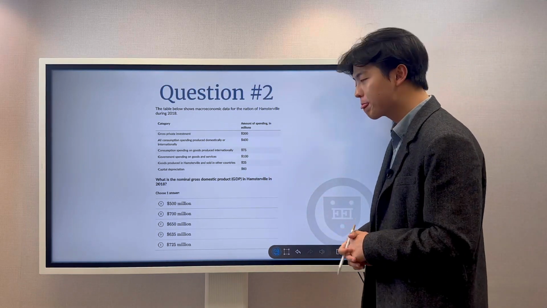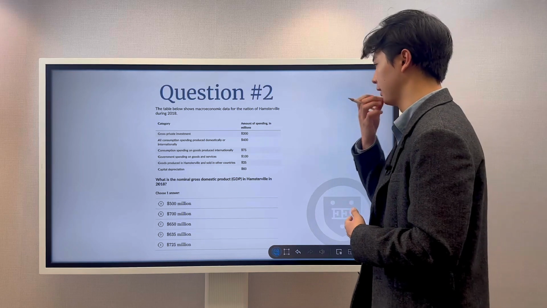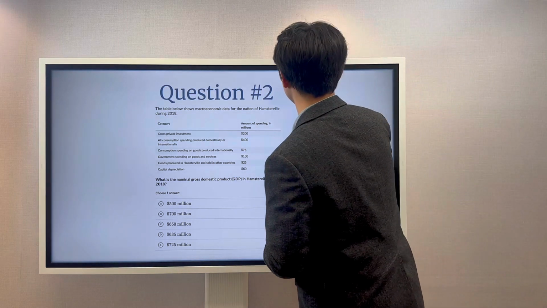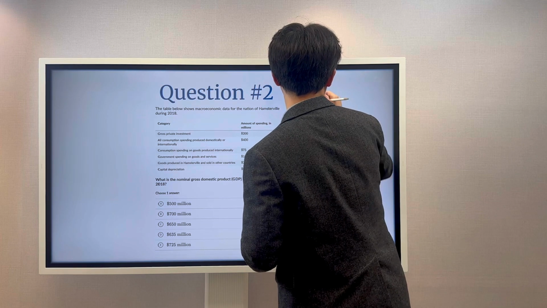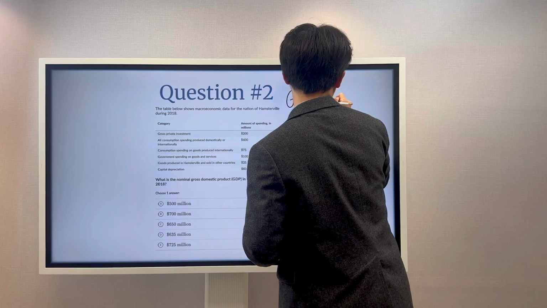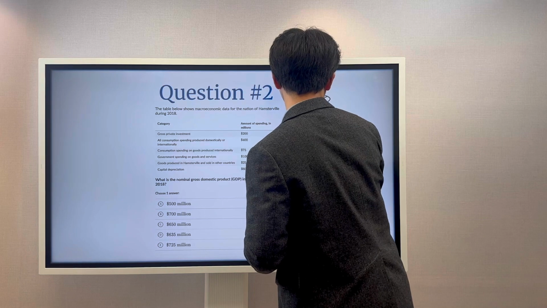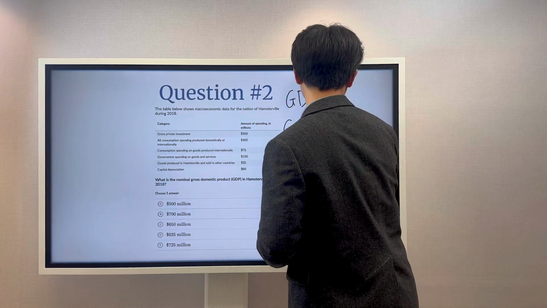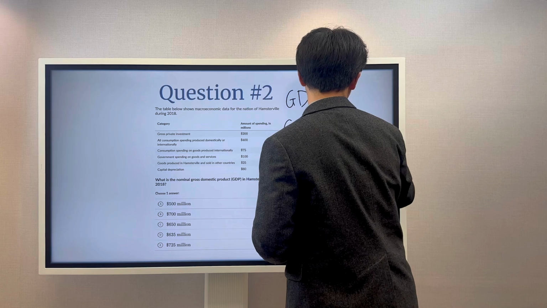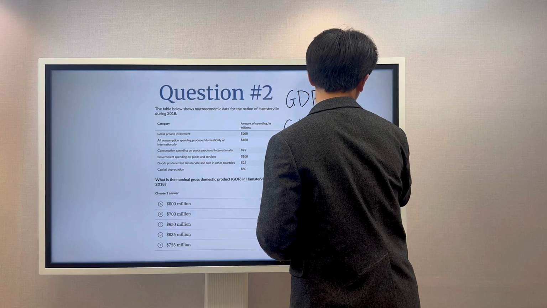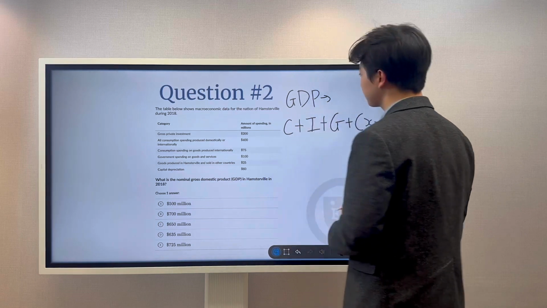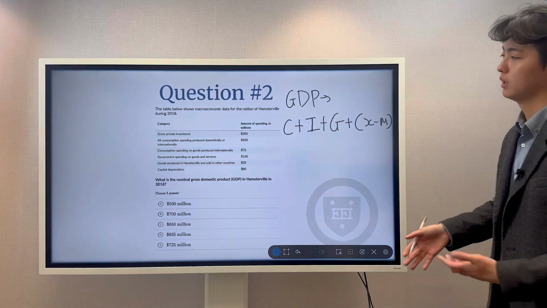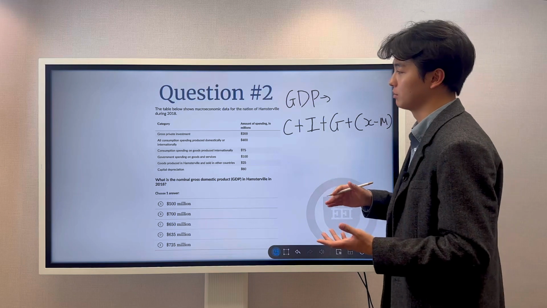Okay, so the only thing you need to know in this question is the formula for nominal GDP. We'll talk about real GDP later on, but nominal GDP is calculated as consumption plus investment plus government spending plus exports minus imports. Once you know that, everything falls into place.